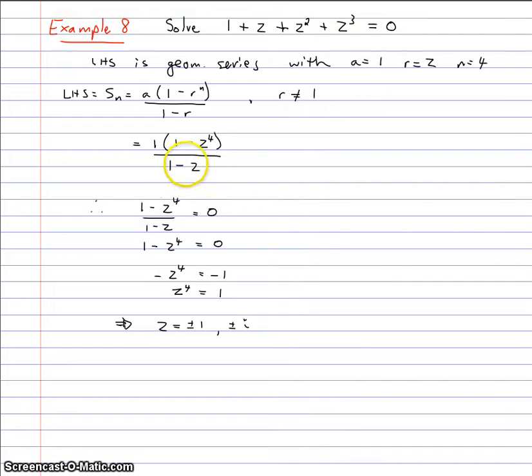So in this case, z cannot be equal to 1. That rules out one of our solutions. Since z is not equal to 1, our solution is z equals negative 1 and plus or minus i.